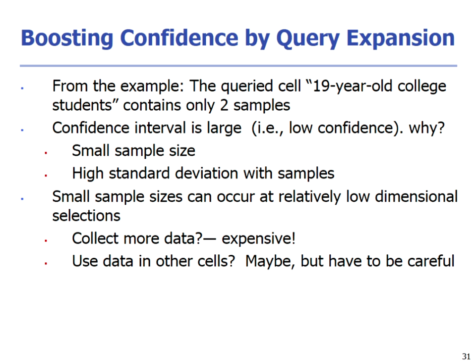Because we have a small sample size and a high standard deviation with samples. Small sample sizes can occur at relatively low dimensional selection. So we can collect more data, which is expensive, or we can use data in other cells, maybe, but we have to be careful.